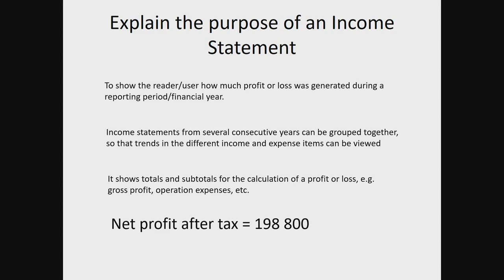The correct net profit after tax in your workbook, please, 198,800. Okay, so we just bring in that adjustment quickly. Okay, just give you some time to make that change.